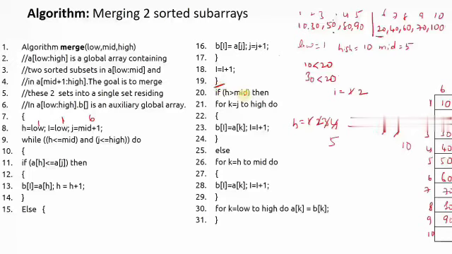Now the concept here is: if h is greater than mid. So what is the logic here? The h value is going like this. Now the mid value is 5. Now h is greater than mid. When will that become so? If all the elements in the first array are completed.